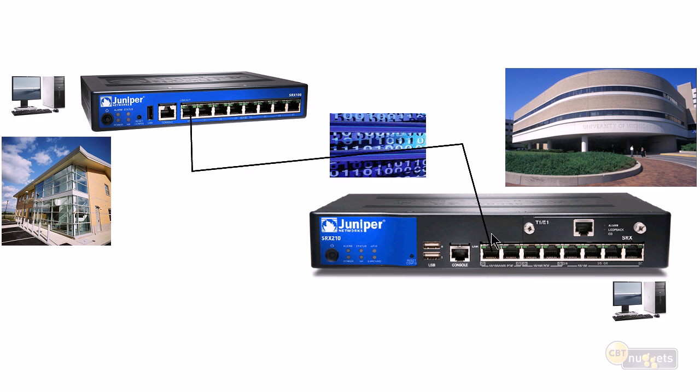Now, what I would recommend to you, and I've already configured the other side of this, okay? But what I would recommend to you is whatever device you use as your main configuration to learn this, consider connecting your SRX to a wide variety of devices, not just another SRX.